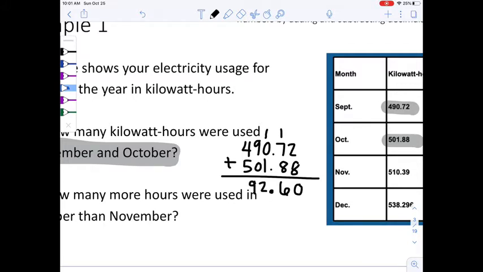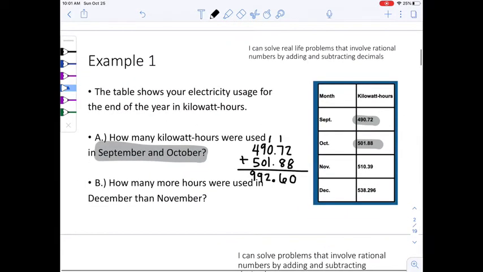Plus 1 is 16. So I bring down the 6, carry the 1. 1 plus 1 is 2. 9 plus 0 is 9. And 4 plus 5 is 9. So my answer is 992 and 60 hundredths kWh, kilowatt hours.